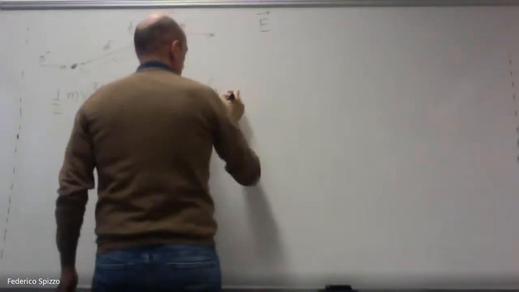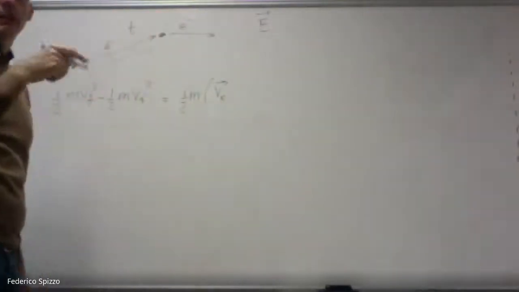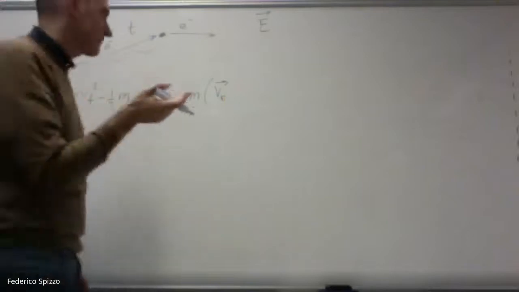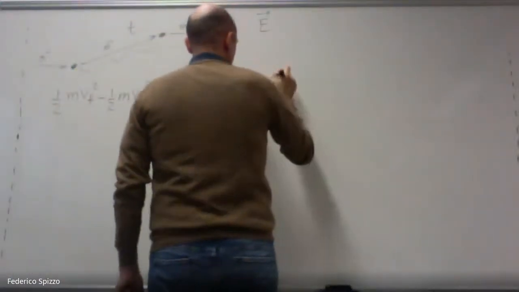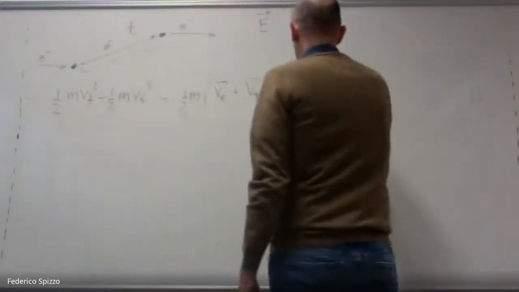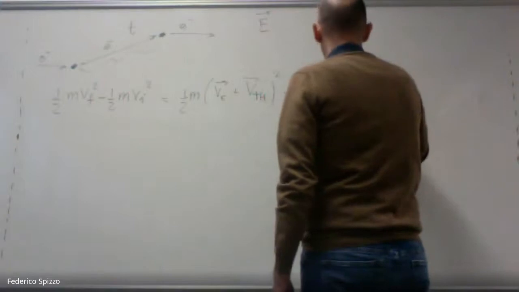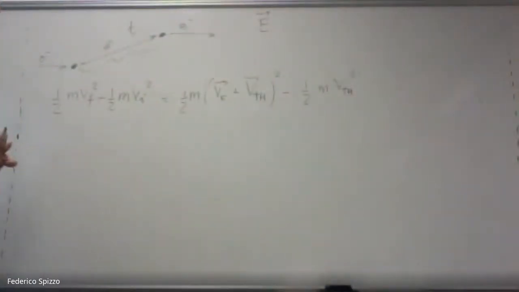I write v_E to write the contribution to the velocity due to the electric field plus the thermal one, and then I have the contribution of the thermal velocity.